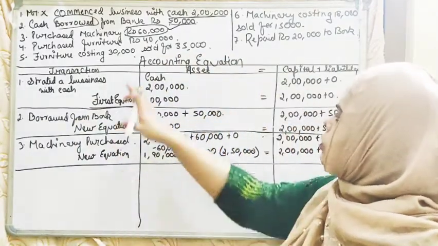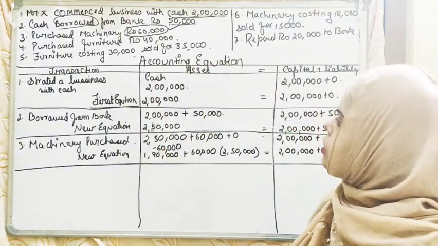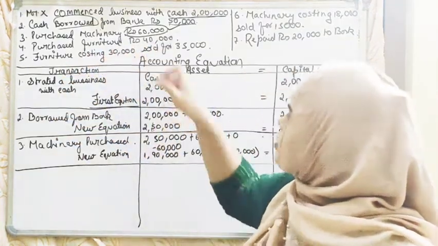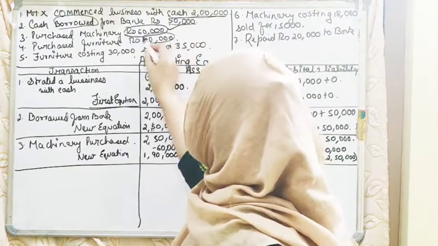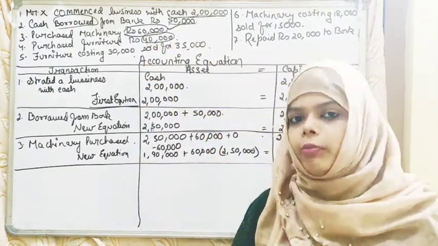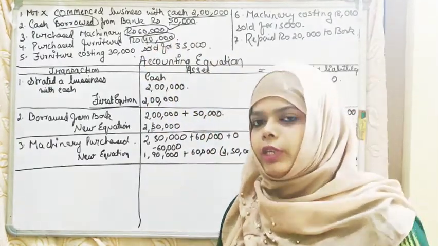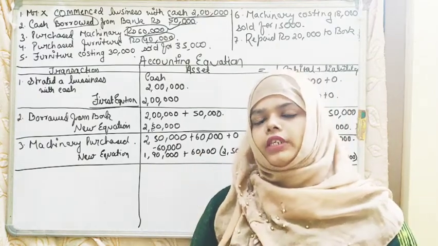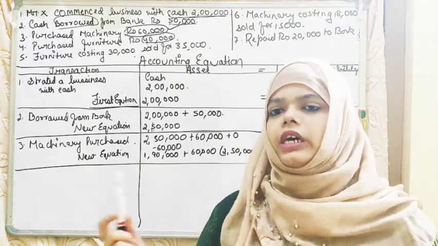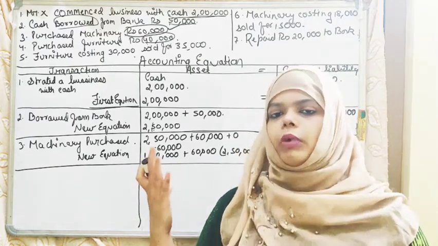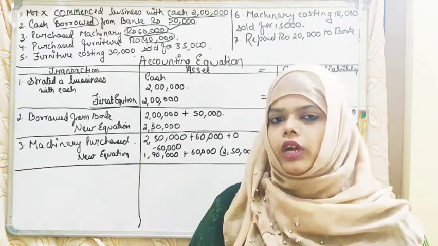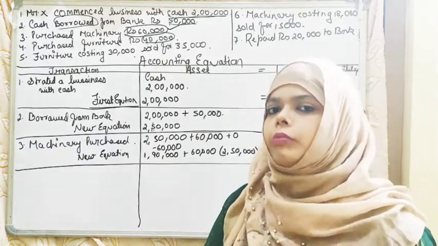Coming down to your fourth equation: purchase furniture rupees 40,000. Again the same thing is happening. It is not written that it is on a credit basis, so it is on a cash basis. So there is a twofold effect in this transaction also. First, the cash of rupees 40,000 is going outside the business, and furniture costing rupees 40,000 is coming inside the business.